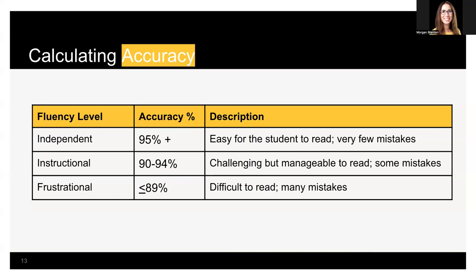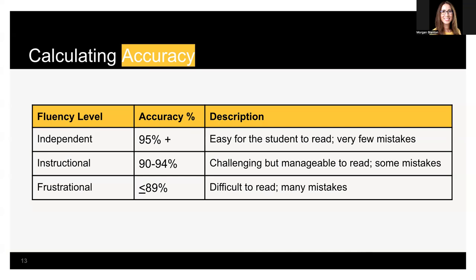Again, if we go back to our definition, we want them to be reasonably accurate. It doesn't mean that they have to have 100% to read a book on their own, but we want them to have 95% accuracy so that they're sure to say the correct words, and that will help them understand what the text is actually saying and meaning.